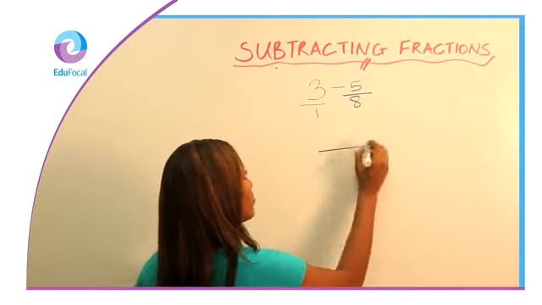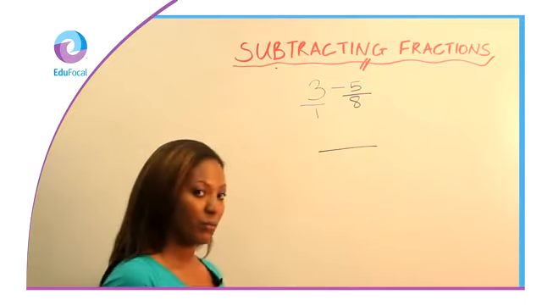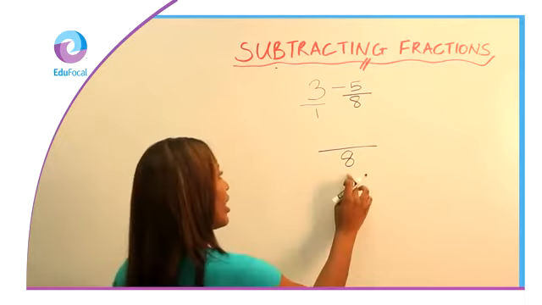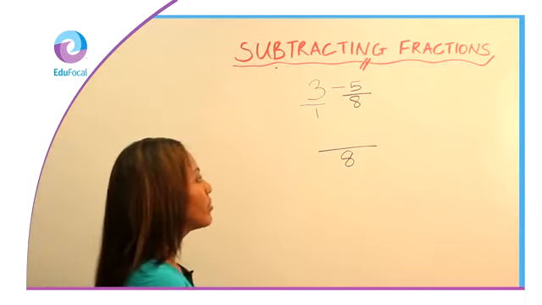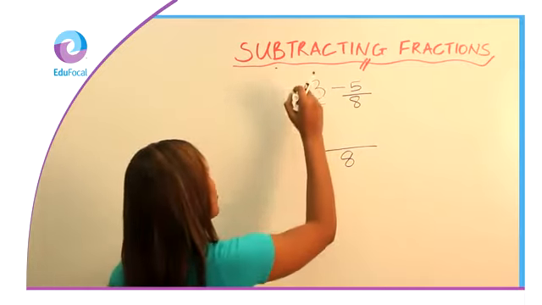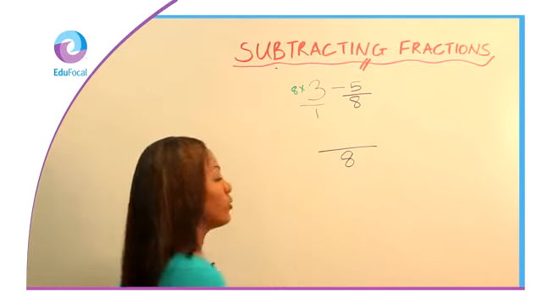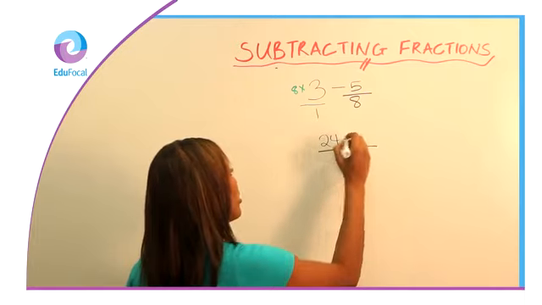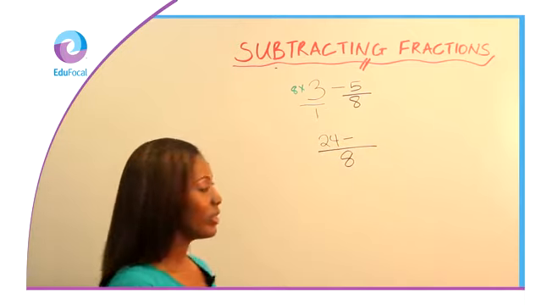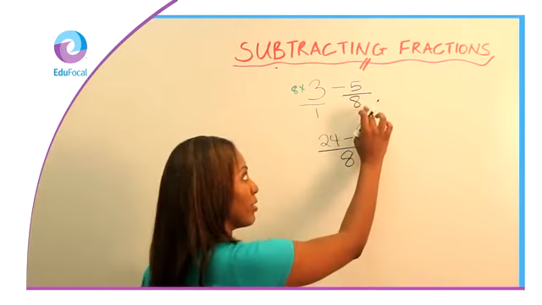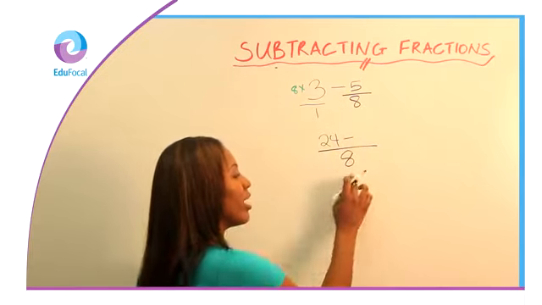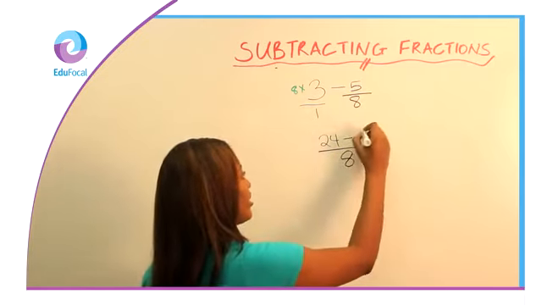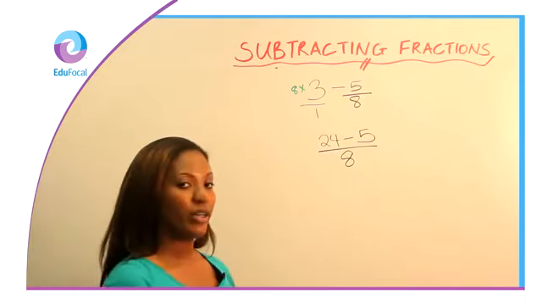You first find your LCM, which would be 8. 8 divided by 1 is 8 times the numerator of the first fraction, and we get 24, minus, doing the same for the second fraction, but remember, now you have the denominator and the LCM being the same, so we can just go ahead and write the numerator back.